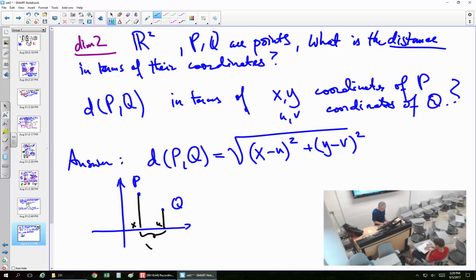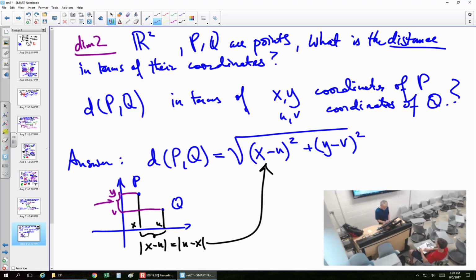So this is the absolute value of x minus u, which is incidentally the same as u minus x. Doesn't matter. That term goes here, and the second term is this over here. So this is y, and this is v. Then this is y minus v, which is the same as v minus y, and that term is here.